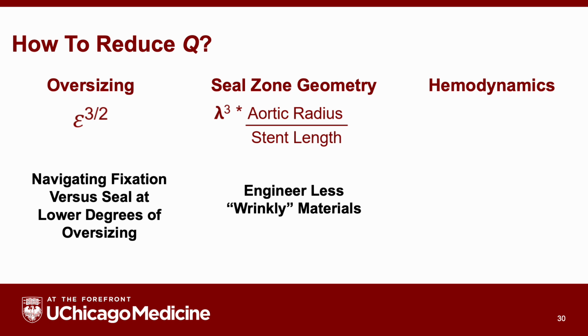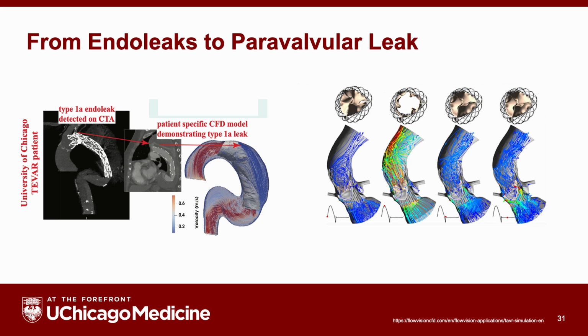Clinically, we can think about this as designing stents with material and geometry that are more compatible with the aortic curvature to reduce corrugation. And hemodynamics such as pressure gradients and viscosity are clearly important in determining endoleak. We can control blood pressure, and use blood thinners to control these parameters.